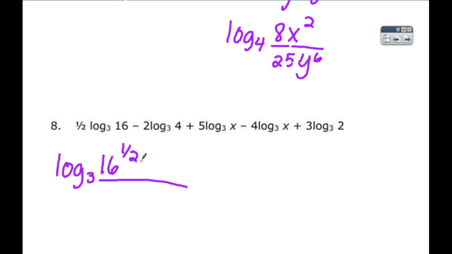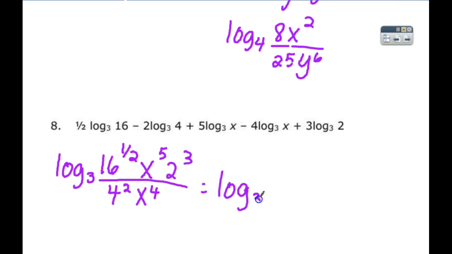What this one is, it goes on bottom and it's 4 to the 2nd, plus, so this is multiply, x to the 5th, x to the 4th, and then 2 to the 3rd. So this is a big old hot mess, isn't it? So 16 to the 1/2, what is the square root of 16? 4. So I have 4, and what is 2 to the 3rd? 8.